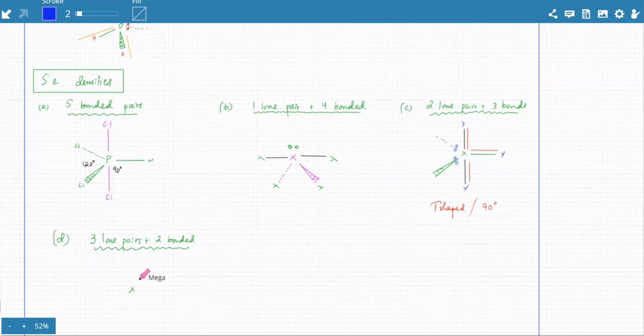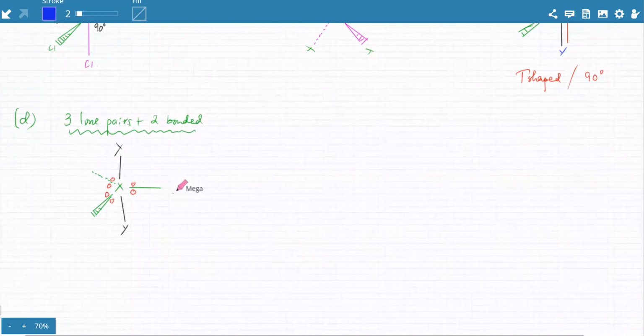Starting with the same shape, the bonds would be on top and at the bottom, and the remaining three places in the fan would be lone pairs. So this is going to be linear. It's going to be straight. There's a bond on top and a bond at the bottom, and the middle part is all lone pairs.